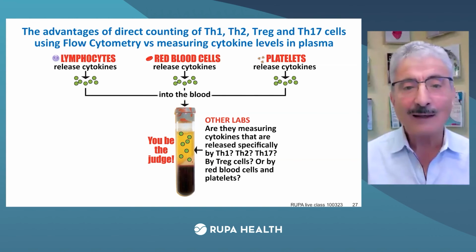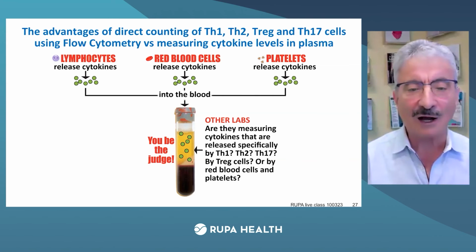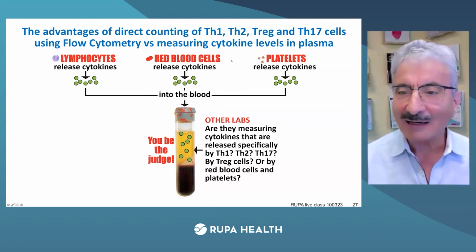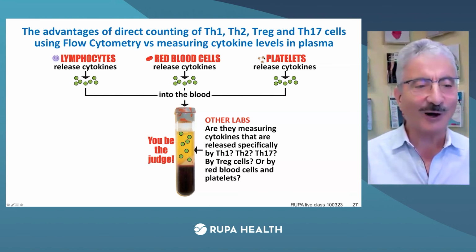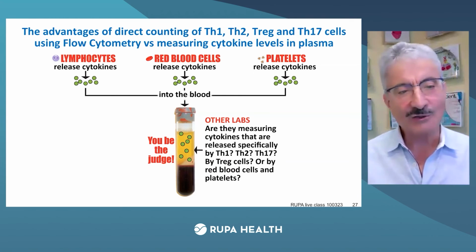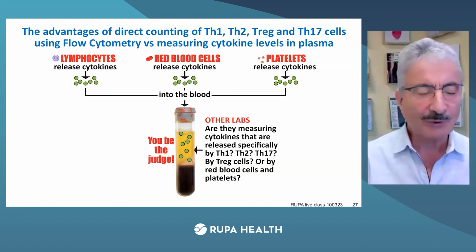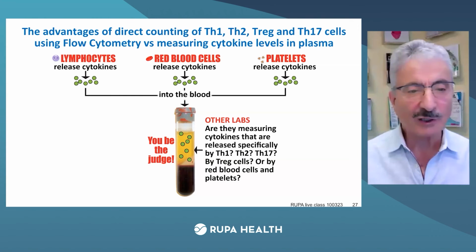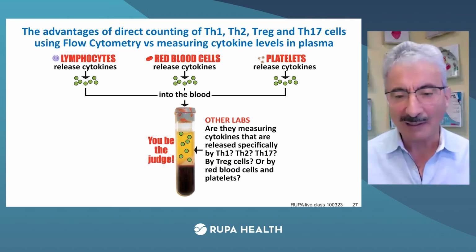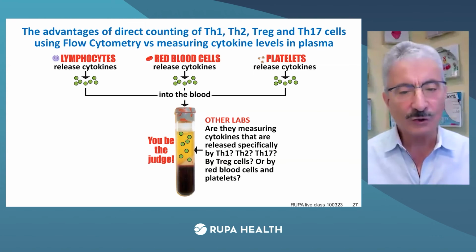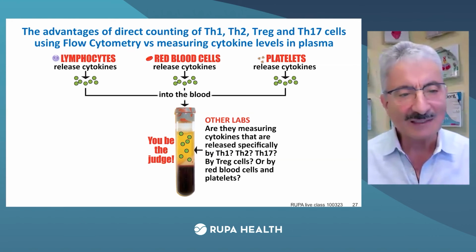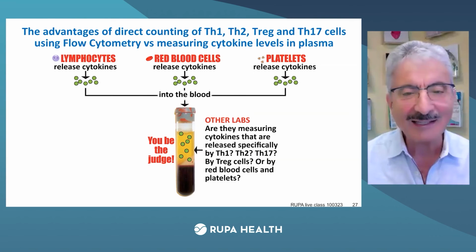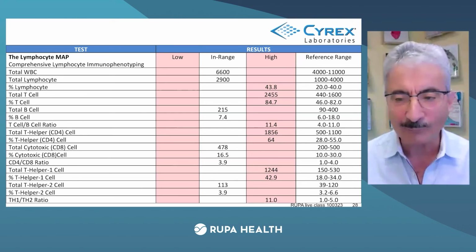And finally, some of these cytokines are also produced by red blood cells and platelets. So when you measure cytokines, is it produced by that specific lymphocyte subpopulation or by red blood cells or platelets? That's why you have to measure the number of these lymphocyte subpopulations, the NK cell subpopulation, by staining cells directly and counting them.